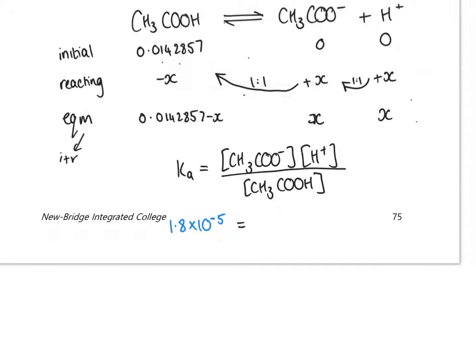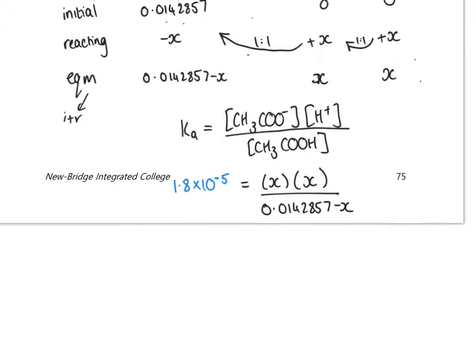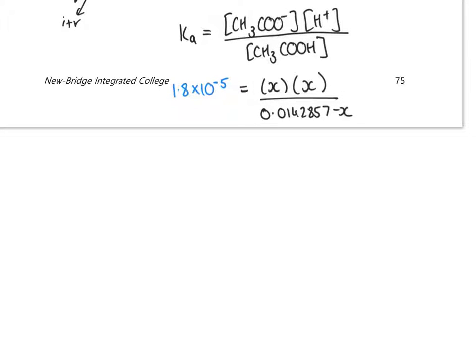And that's going to equal the concentration of my ethanoate ions, which is X, times the concentration of my hydrogen ions over the concentration of my ethanoic acid, which is 0.014287 minus X. But as we saw before, because the value of X is so small, we can assume that this value here is roughly equal to 0.014287.